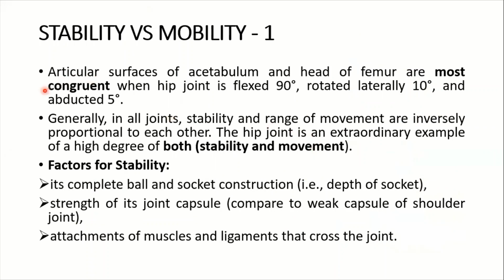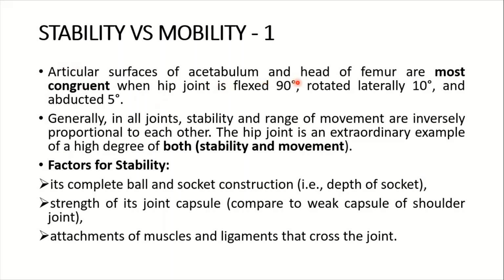So now I would like and love to talk about stability. It's an amazing feature of the hip joint, the stability as well as the mobility, both together. And this is only specific to our hip joint.